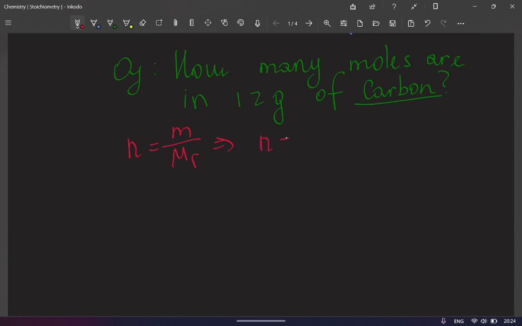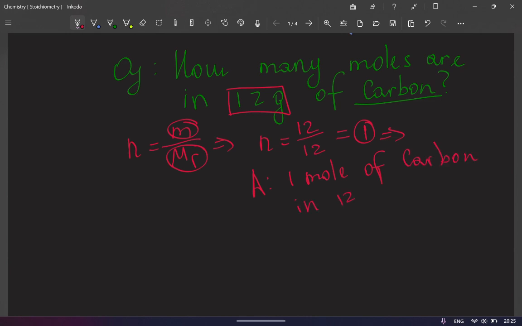So number of moles is going to be equal to mass, which is given as 12 grams, divided by molar mass of carbon, which is 12. So 12 over 12 is 1, which means that the answer is there is 1 mole of carbon in 12 grams.